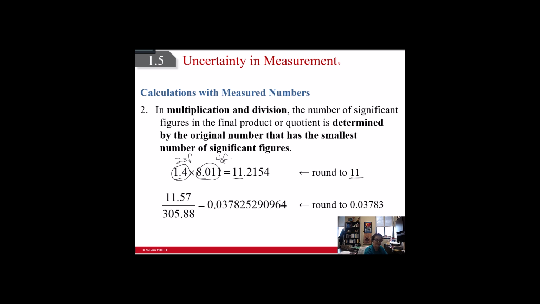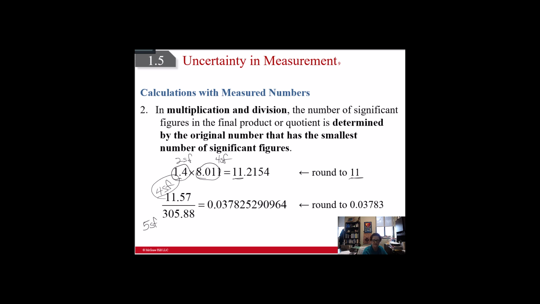If I divide, same thing. It's total numbers of significant figures. So I have 4 in the numerator, and I have 5, 1, 2, 3, 4, 5, 5 in the denominator, and so the lower number is 4. So I'll calculate 0.0378252909.